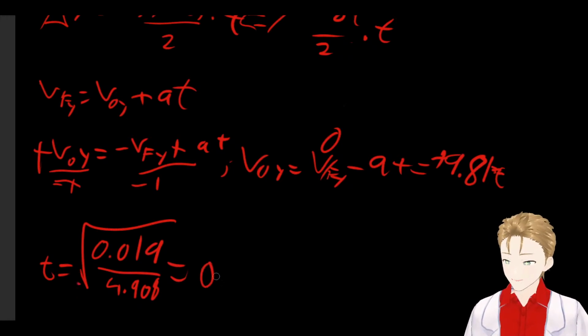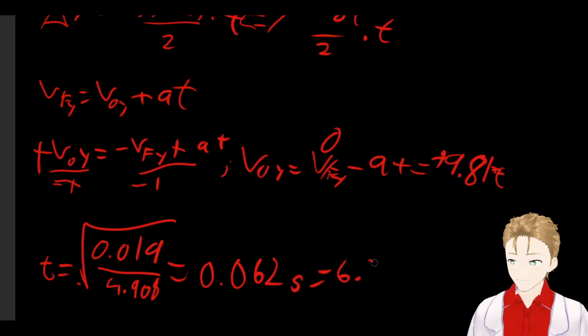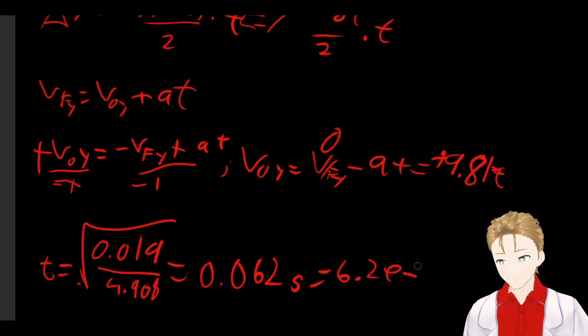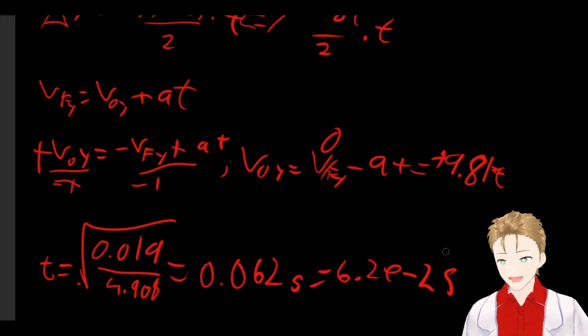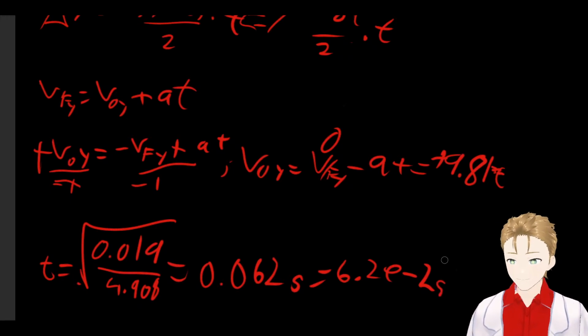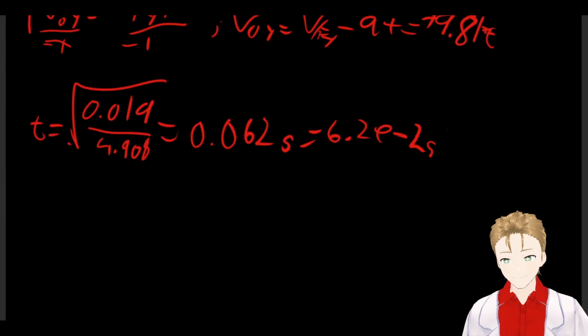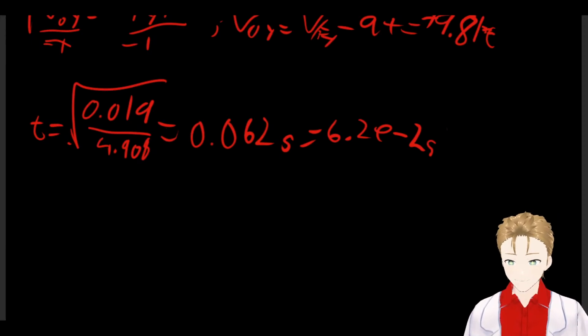Can you believe it? I am correct. Where is it? 6.2 E minus 2 seconds. Really? That's good, feels good. I got the time. Okay, vertical speed.